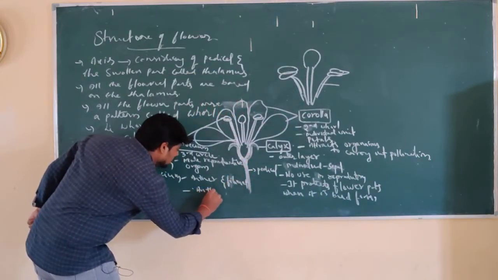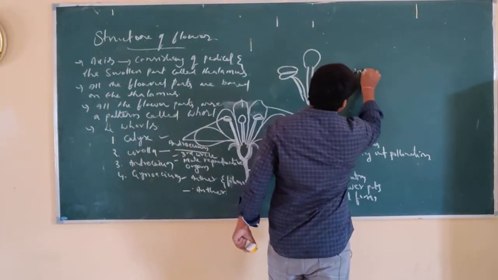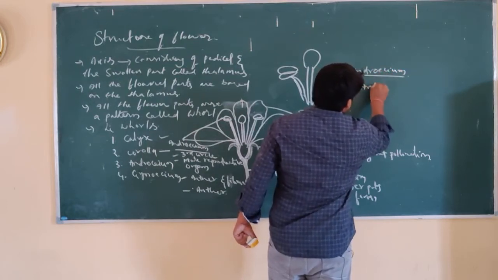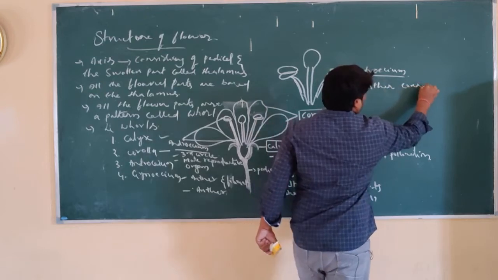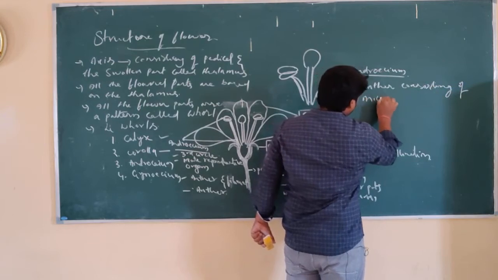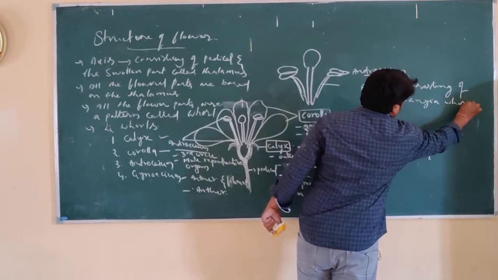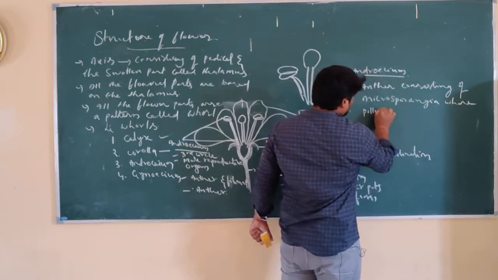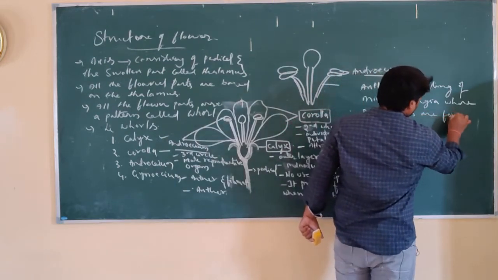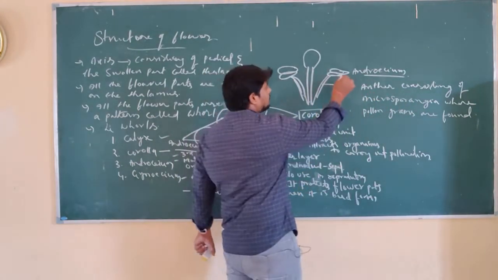So, if you observe under androecium, the anther consisting of microsporangia, where pollen grains are present. So this androecium is this anther.